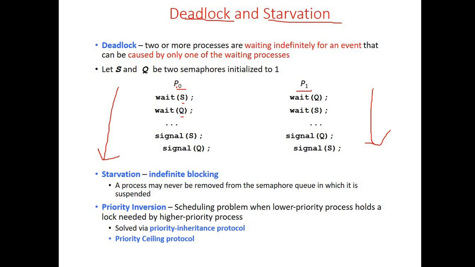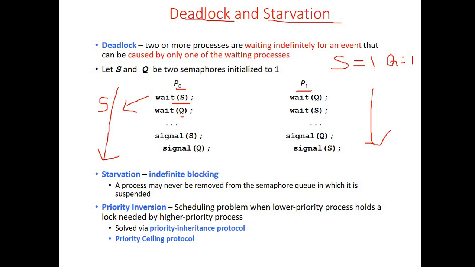Initially, the process P0 is locking the first resource S. So initially, the value of S and Q are 1. That means no process is accessing that resource. So therefore, they are available. The values are 1 and 1 respectively.